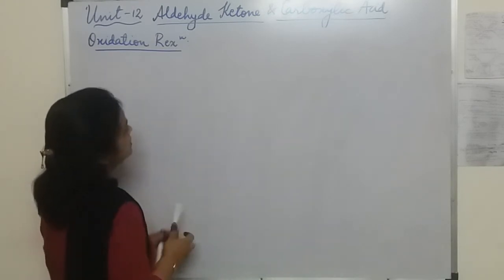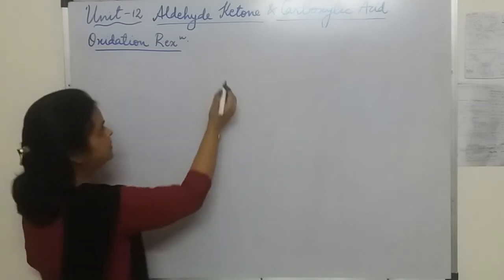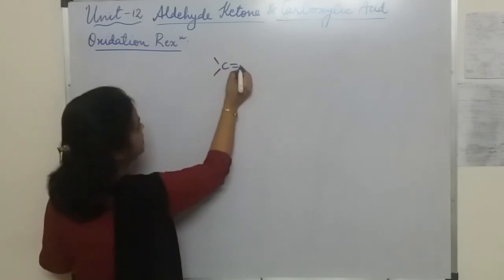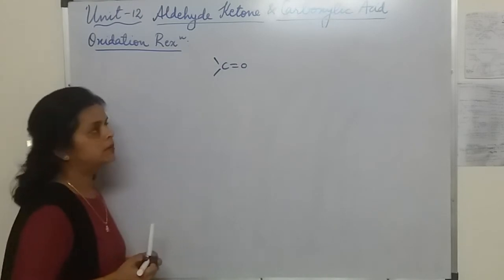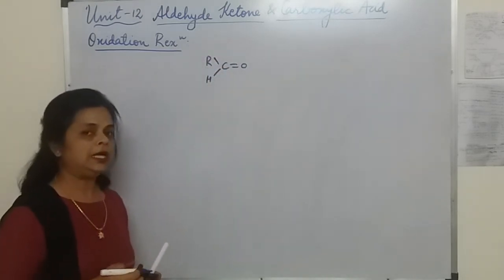Here I am taking the carbonyl compounds. First we will take their flow chart and then we will take them in detail. This is the carbonyl compound, and in the carbonyl compound, this is the aldehyde.